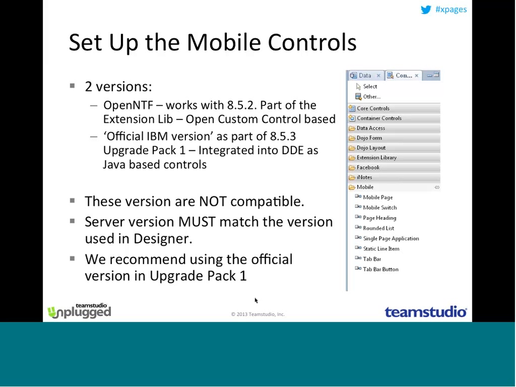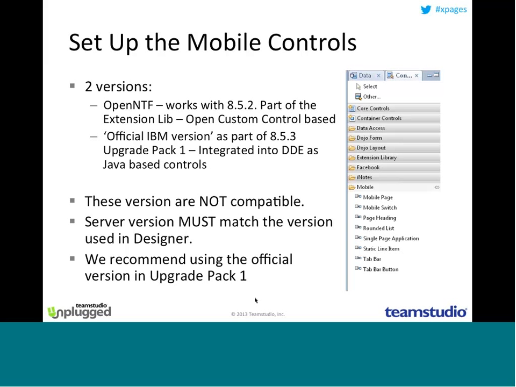We all know how often IBM releases upgrades of Designer, so you're not going to get as many features and bugs fixed as fast there. However, these versions are not compatible, so you can't write an application in Designer that's using the OpenNTF version and then expect it to run on a server that's got the 853 Upgrade Pack 1.